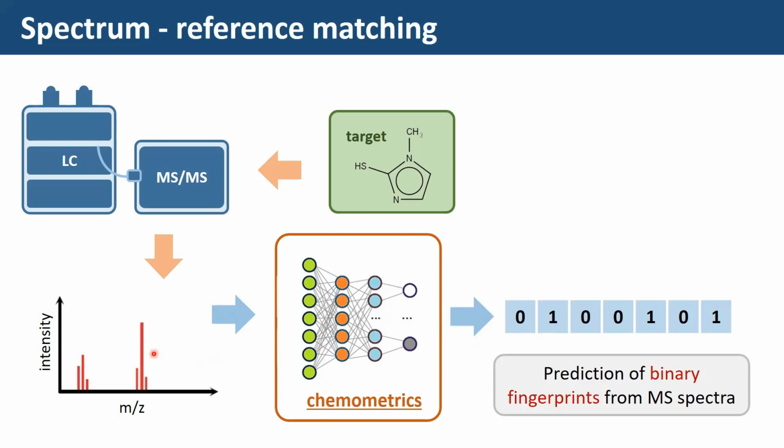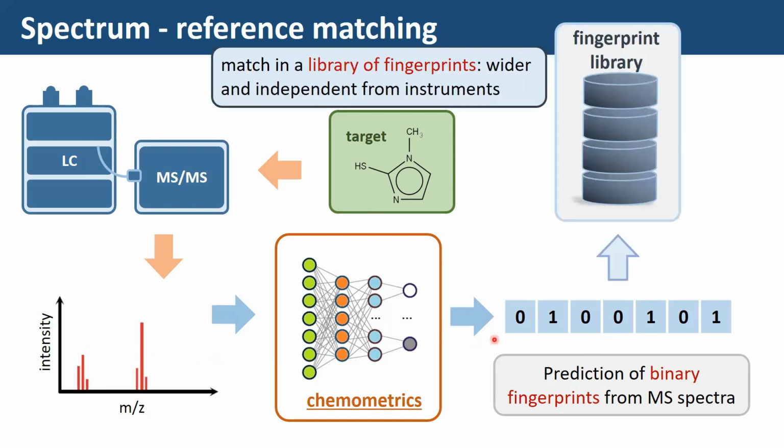If we are able to get this model, and if this model is accurate enough, then the advantage is that we can use the fingerprints to search for our compound in online libraries and online databases, based on fingerprints, which are wider and independent from instruments.